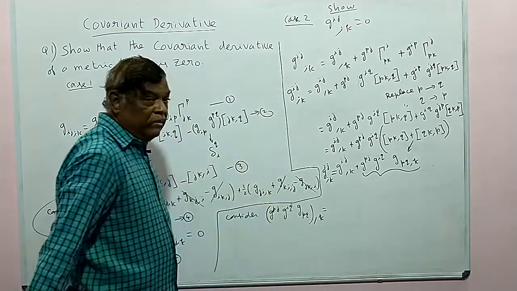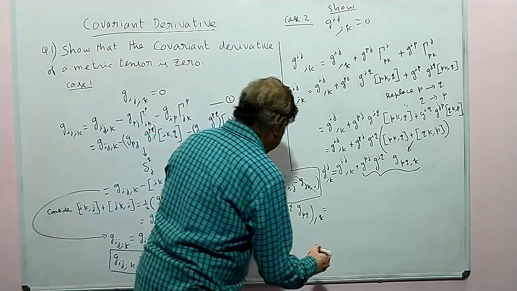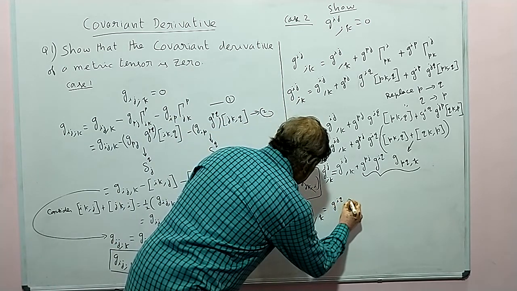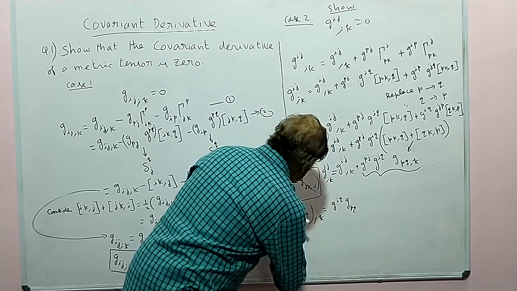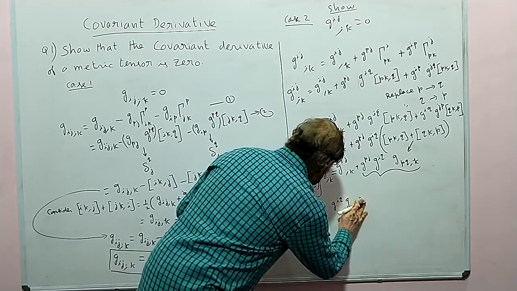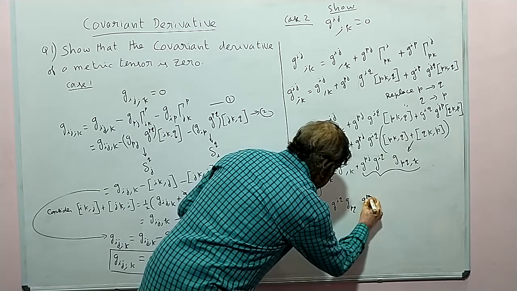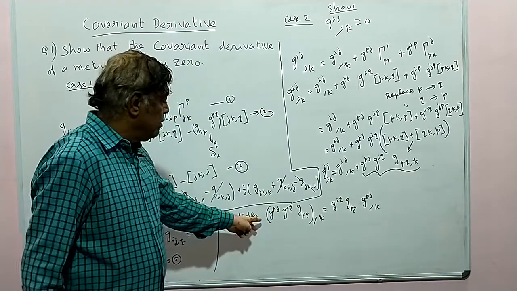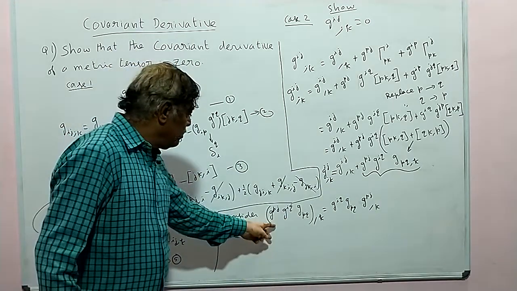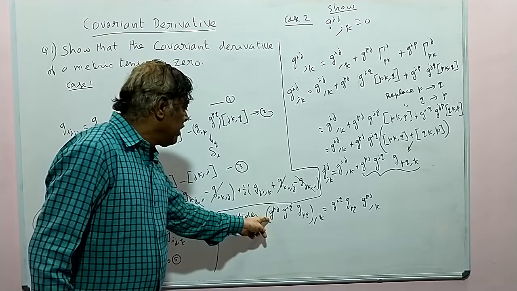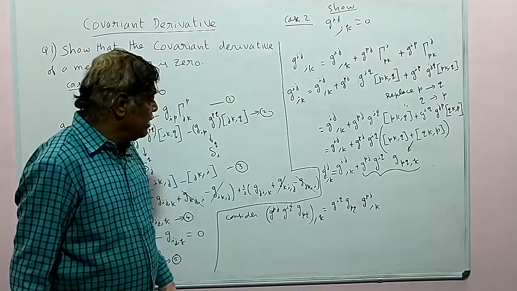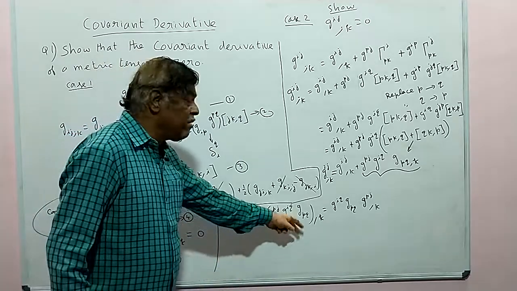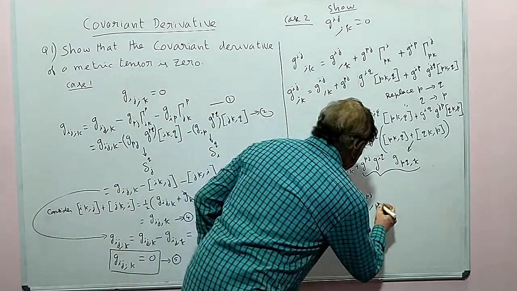This is equal to g^{iq} g_{pq} g^{pj},k. It is just the normal derivative: you find the derivative of one factor keeping the other two constant, and then the derivative of the others. So you have three terms.